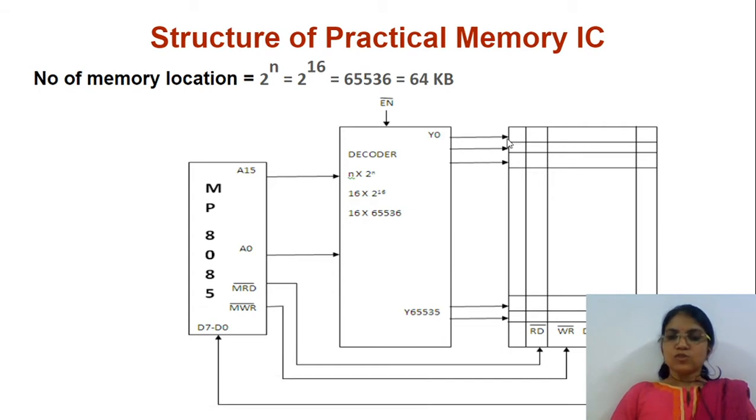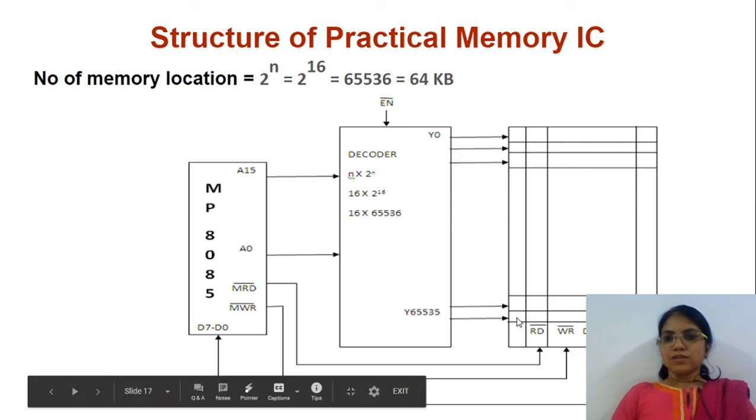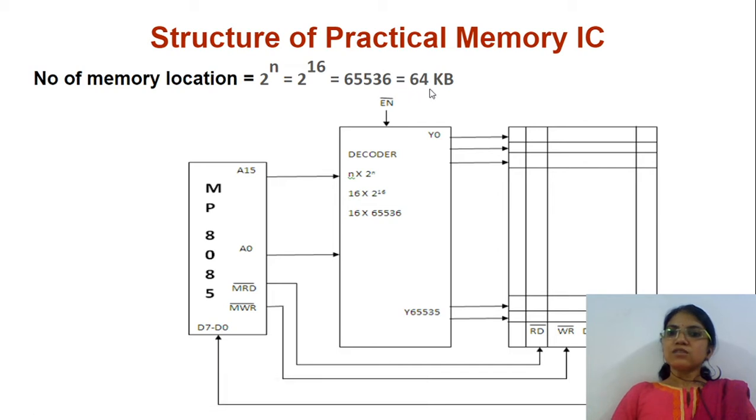So it means that in microprocessor 8085, 65536 memory locations are available, and if you calculate it in terms of kilobytes, that is equal to 64 kilobytes. From that we declare the third feature of microprocessor 8085. We have already studied that the first feature is that the microprocessor has 16 address lines. The second feature is that it has 8 data lines.